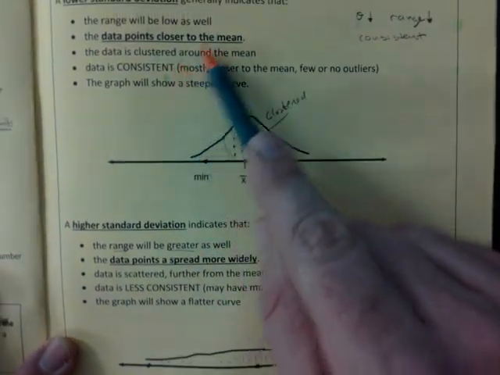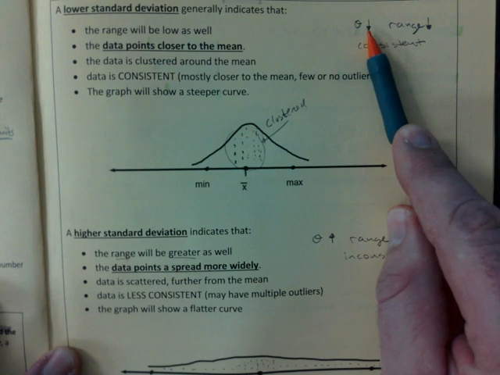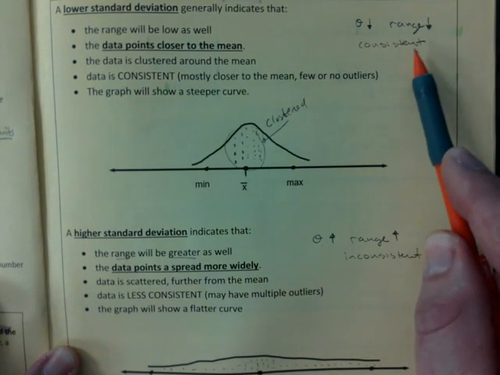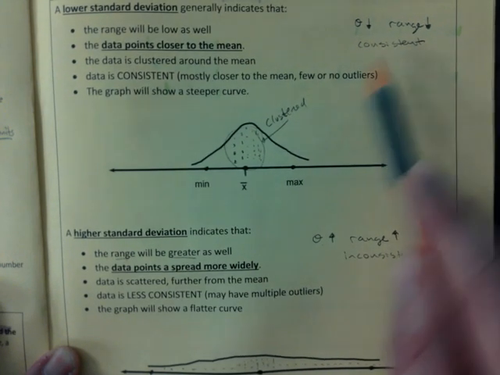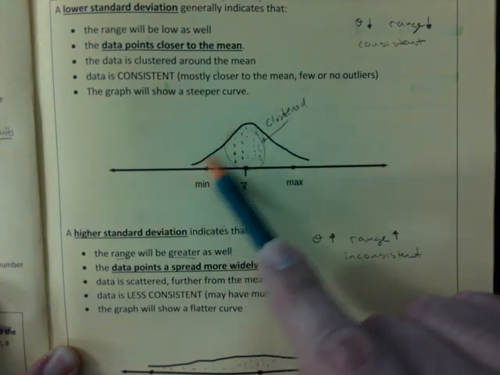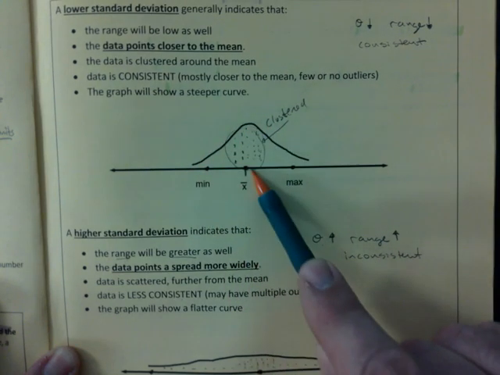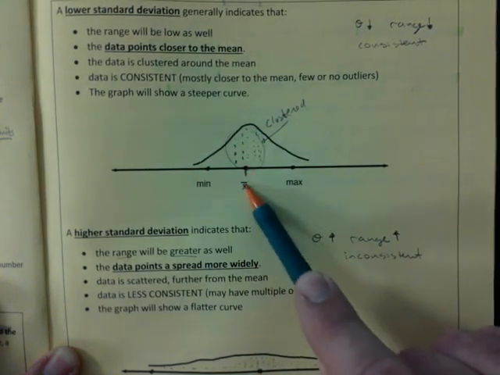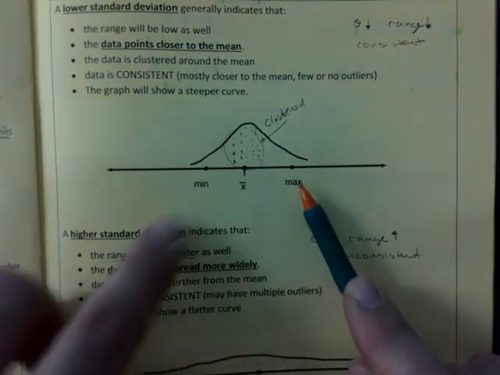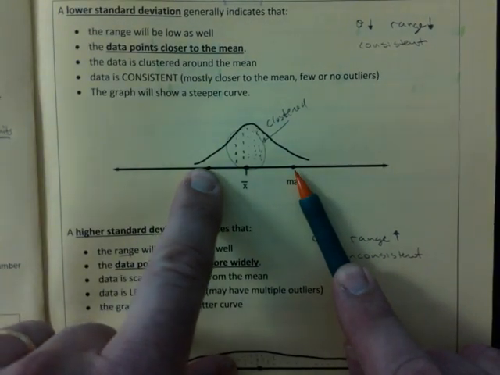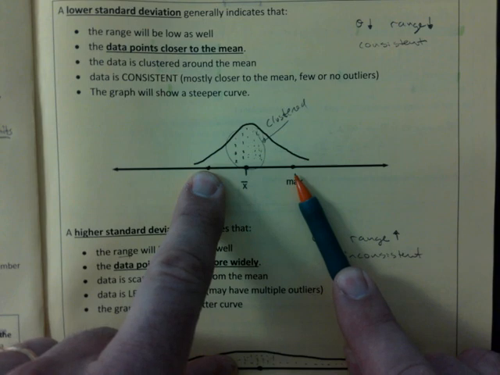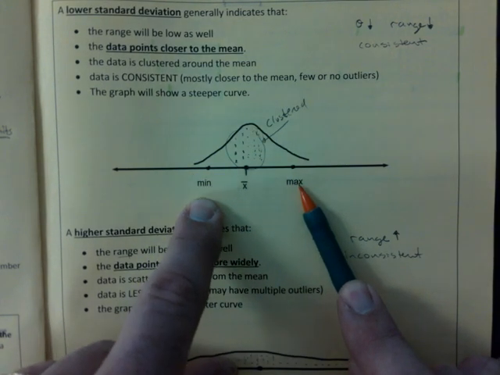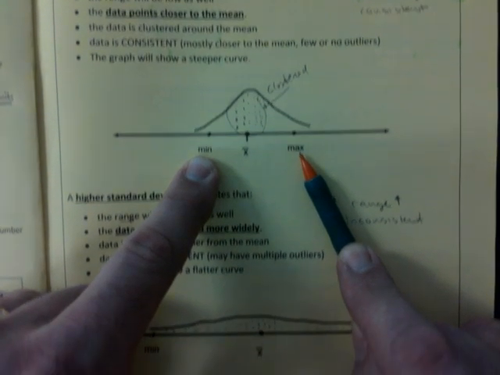A lower standard deviation will give you a lower range, and data will be more consistent, and so the curve will be more like this. It'll be a steeper curve, and always the average in the middle. The min and the max are closer together. The range is closer, the difference between them is smaller.